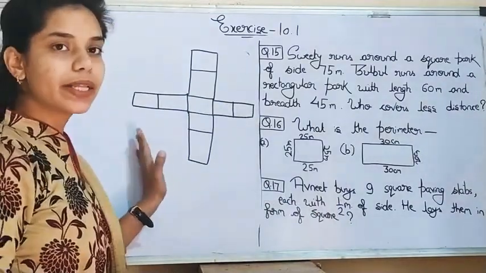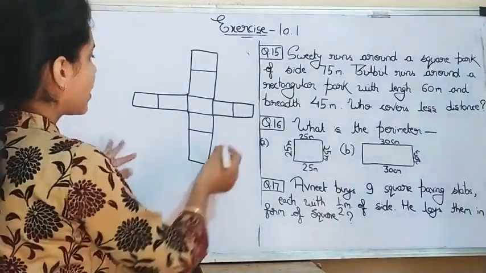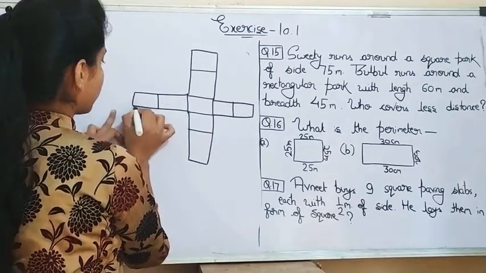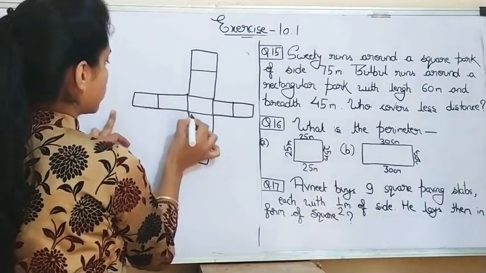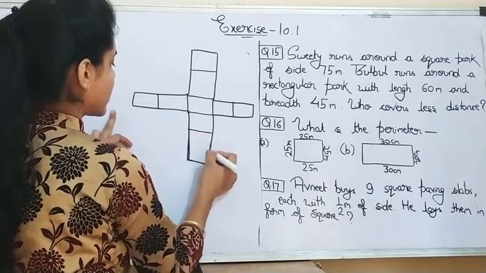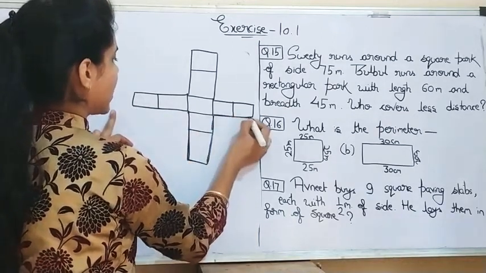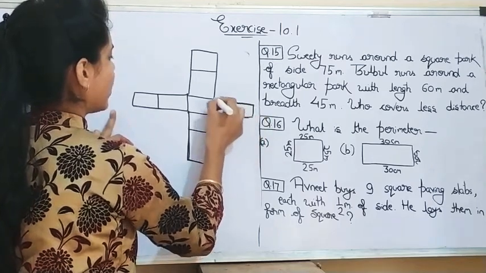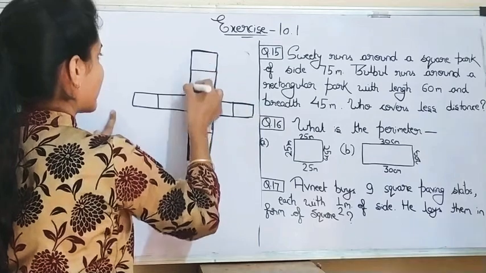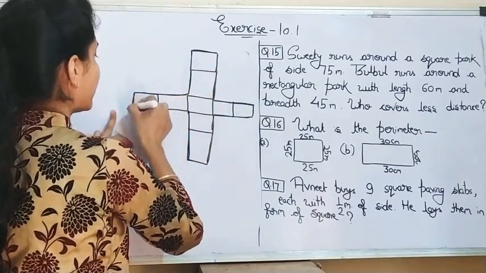So what will be the perimeter? Here again it is the length of the boundary, so count all the lengths. I am starting from here: 1, 2, 3, 4, 5, 6, 7, 8, 9, 10, 11, 12, 13, 14, 15, 16, 17, 18, 19 and 20.